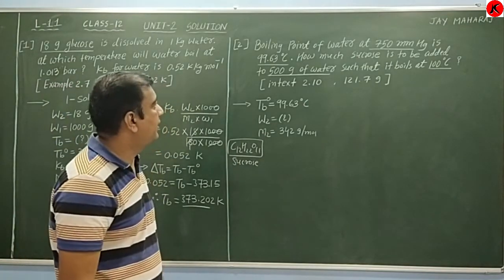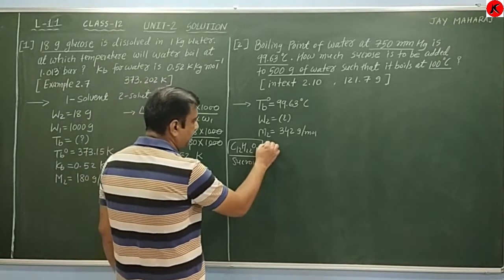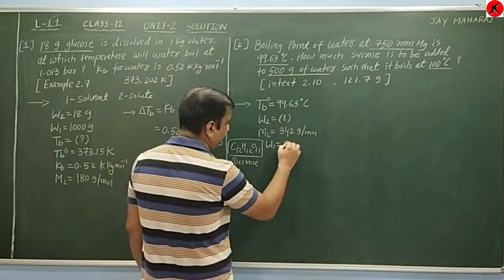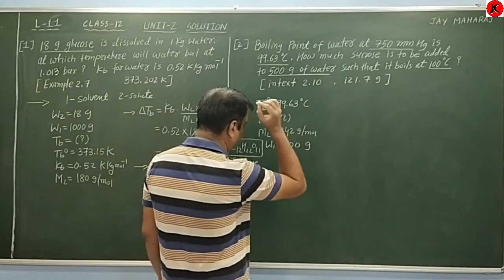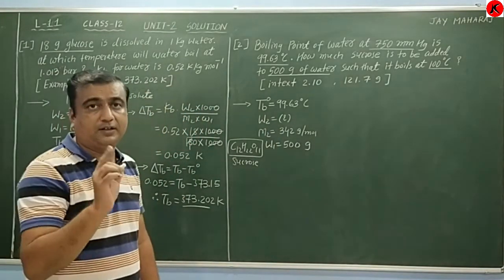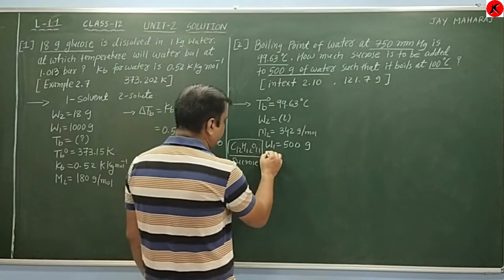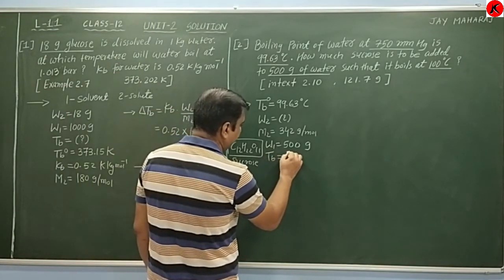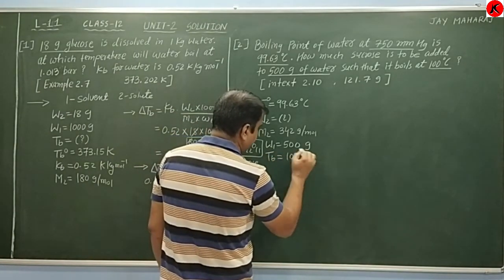To 500 gram of water, that means W1 is 500 gram, such that it boils at 100 degrees Celsius, that means Tb equal to 100 degrees Celsius.